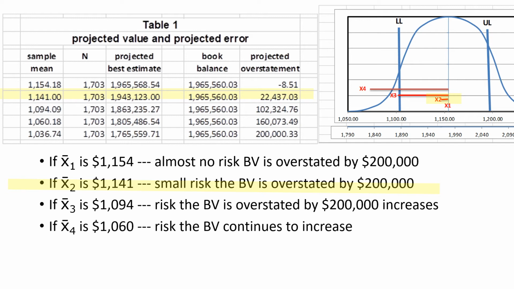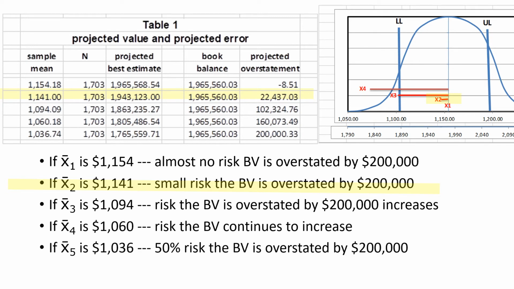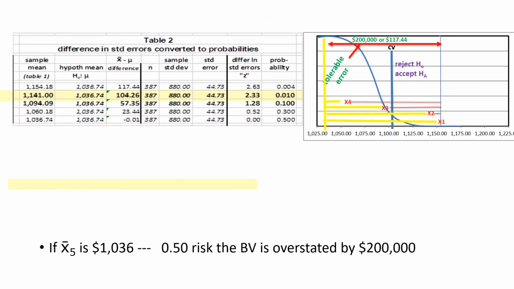The further the sample mean is to the left of the book value, the greater the projected overstatement, and also the greater the risk that the inventory is overstated by $200,000. Now, if our sample mean is 1036, then there's a 50% risk that the book value is overstated. Now, think about that. Why is it 50%? We'll come back to that in a minute.